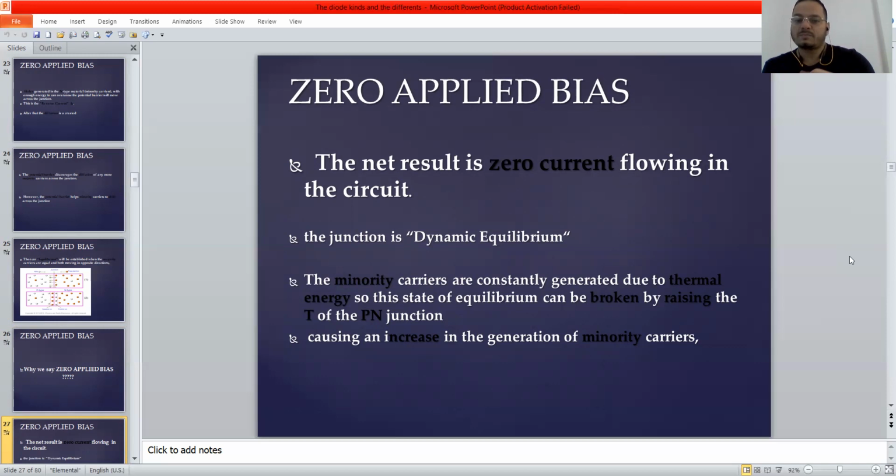When broken by raising the temperature of the PN junction, increasing the temperature means increasing the generation of minority carriers, which depends on another element, and by increasing it we will see an increase in the minority carriers.